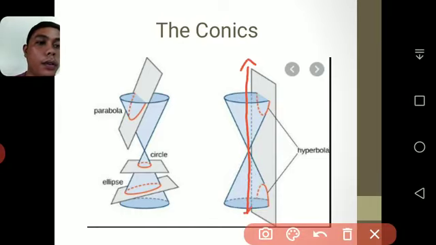And as you can see, the plane is parallel to the altitude, cutting the naps into two parabola-like structures, but they're not parabolas. A hyperbola is different from a parabola. It may look like the hyperbola is a pair of parabolas, but it's not like that. Okay, so that's the hyperbola.